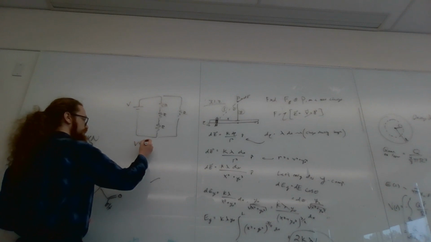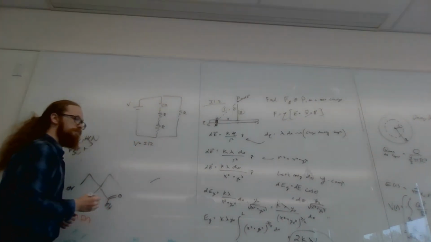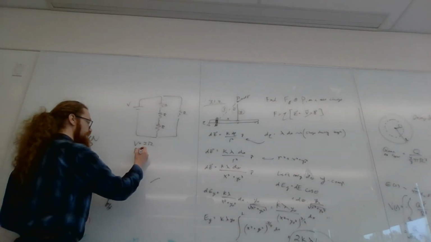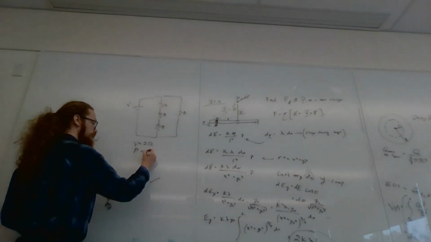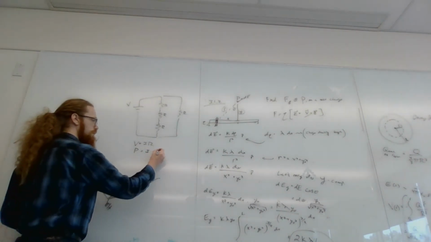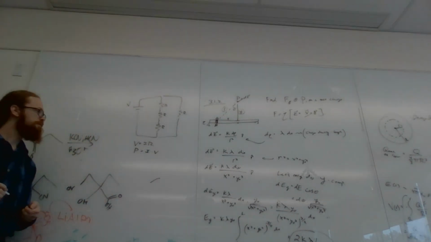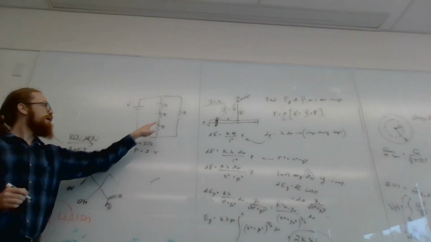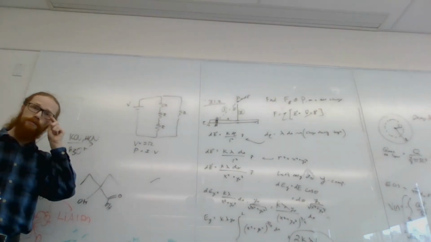So I've got my Ohm's law, V equals IR. I want the power, because I want the brightness, which is I times V. So I know V is not going to change at all when I add in this next parallel resistor.